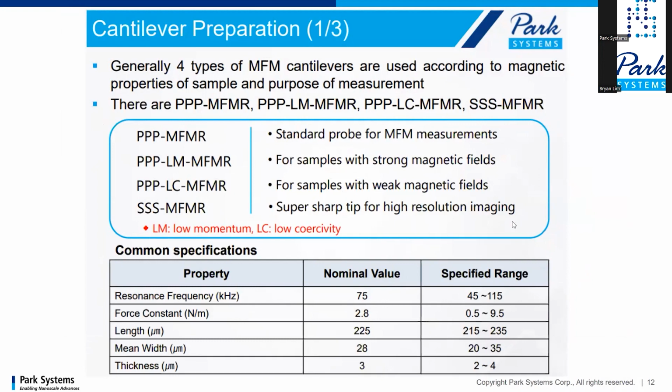There's MFMR, the standard probe; LM MFMR, for samples with strong magnetic fields, where LM stands for low moment; LC MFMR, low coercivity, for samples with weak magnetic fields; and SSS MFMR, which stands for super sharp tip, for high resolution imaging. These are some of the common specifications of this cantilever, and they are all coated with a magnetic coating.